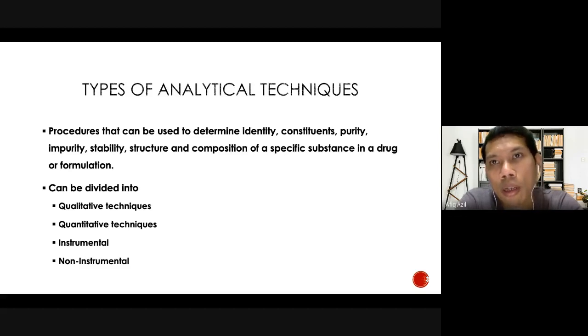Example, what you have done, I think last semester, the organic lab session was done virtually, but in your organic chemistry 1, the last experiment, which is the qualitative determination of unknown organic compound. So that is an example of non-instrumental techniques in which that you do all of the testing using chemicals and reagent.